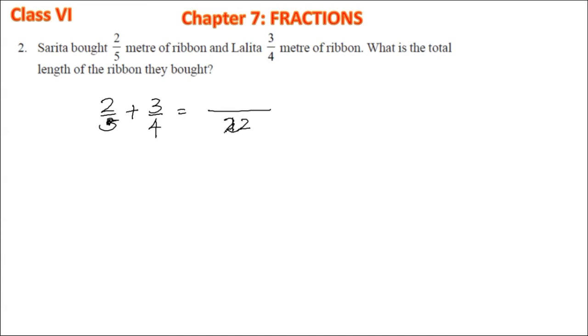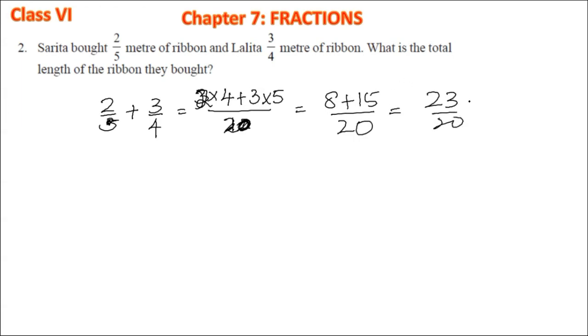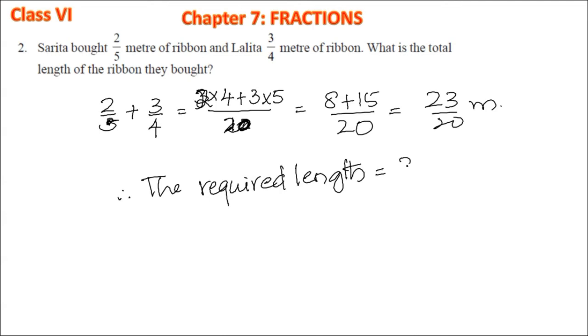LCM will be 20. If 20 is the LCM, 2 to be multiplied by 4 and 3 to be multiplied by 5. So we get 8 plus 15 upon 20. We get 23 upon 20 meters. Therefore, the required length is 23 by 20 meters.